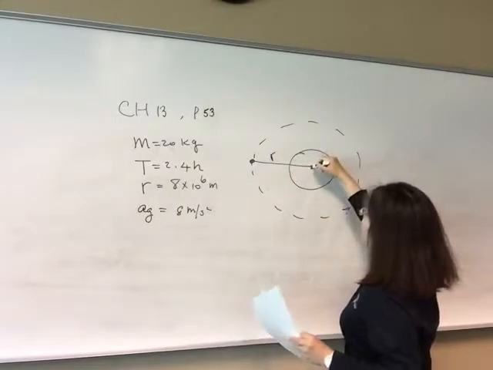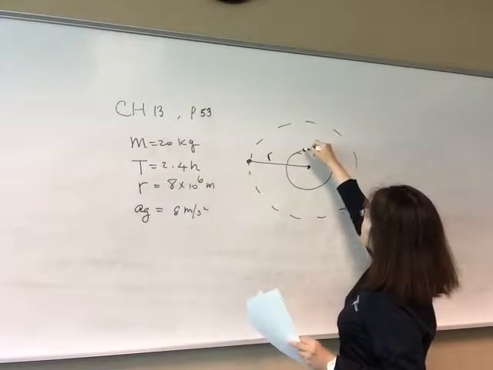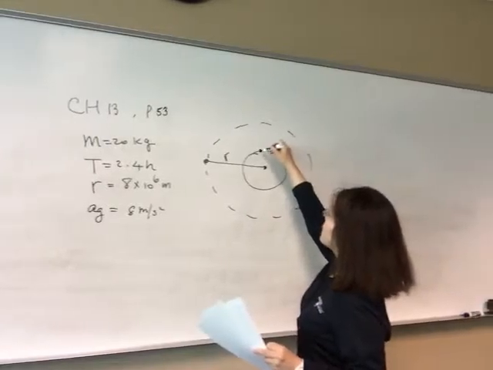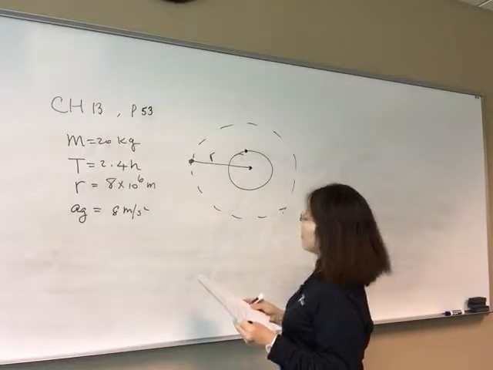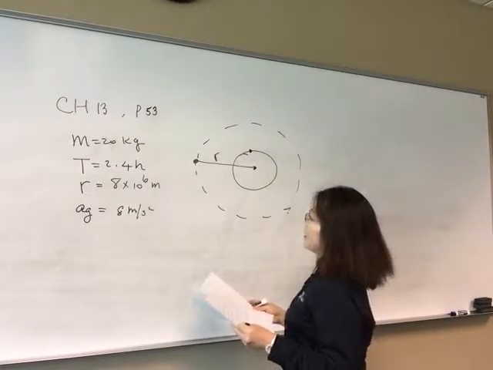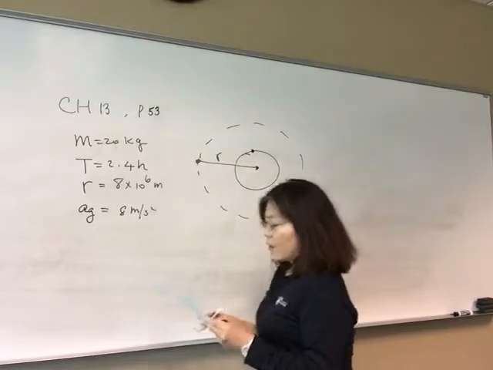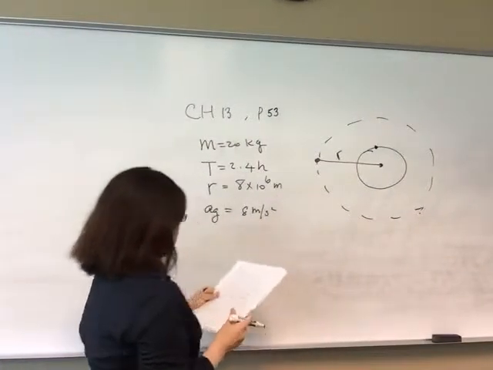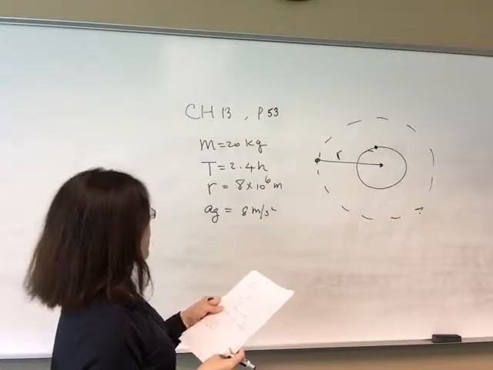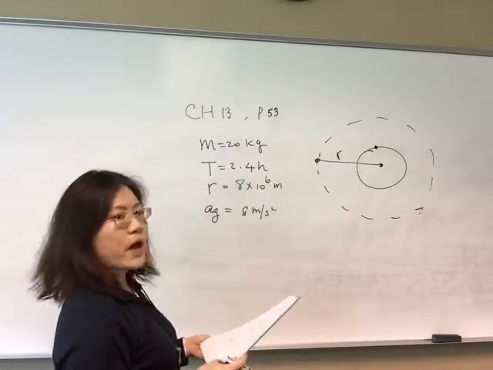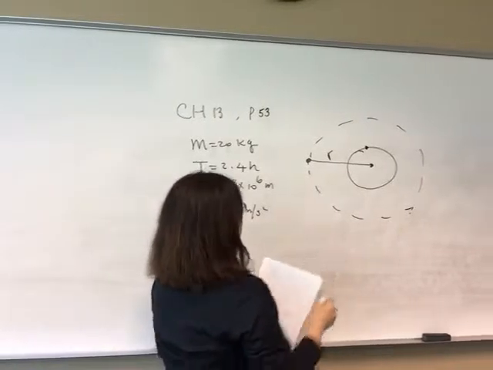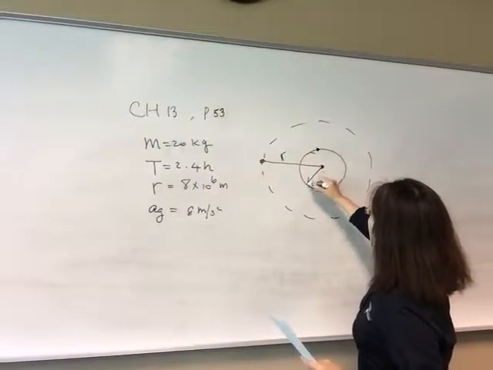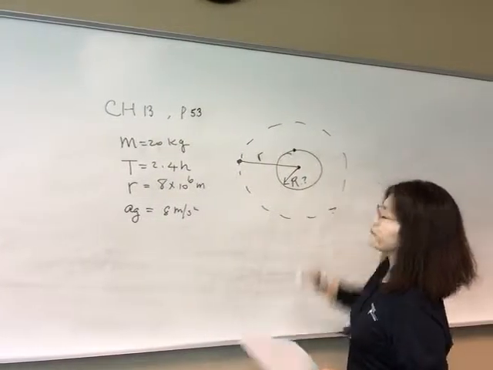You're also given additional information: the acceleration on the surface of the planet is 8 meters per second squared. You're asked to find the radius, not the mass. You're asked to find the radius of the planet. In other words, what is that capital R?